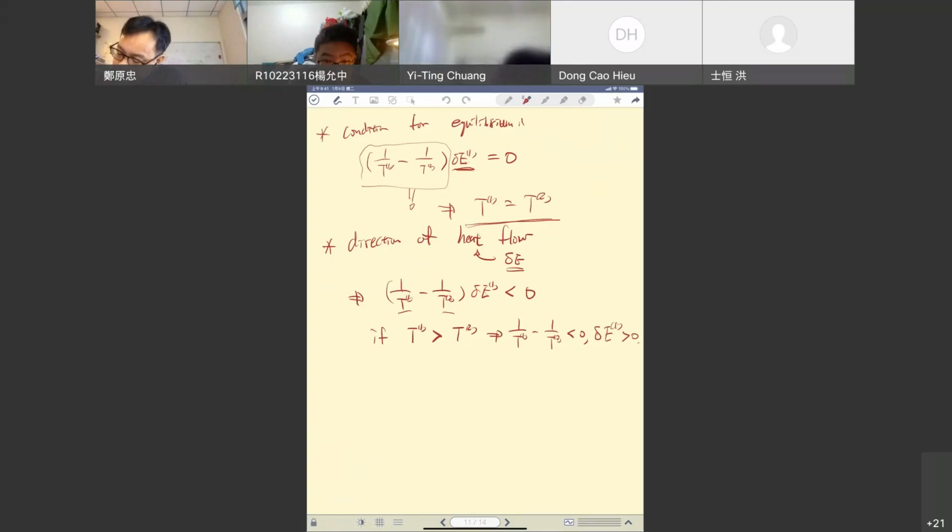If the opposite, T2 greater than T1, then of course this inverse temperature 1 minus inverse temperature 2 will be greater than 0. And in this case, delta E1 must be smaller than 0. Delta E1 greater than 0 means energy goes into system 1.